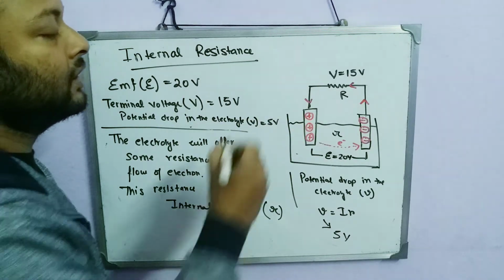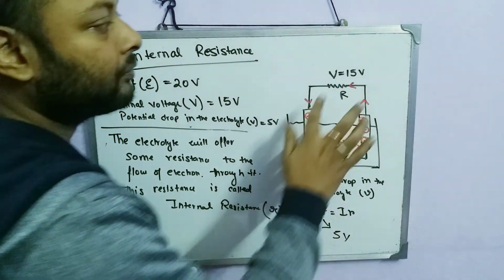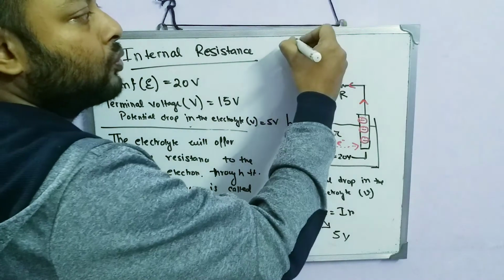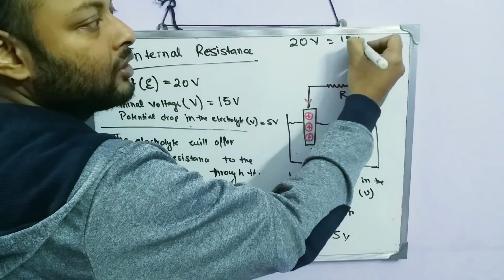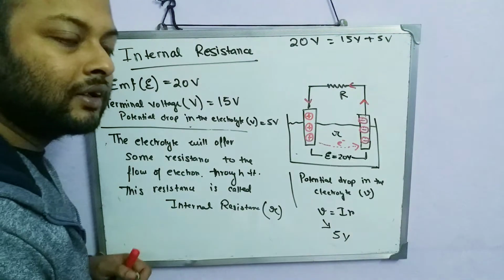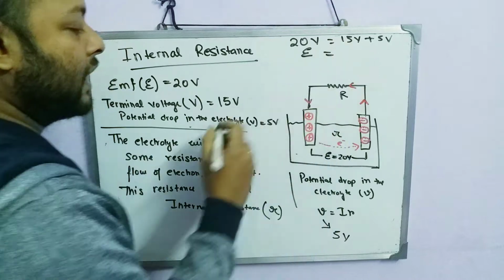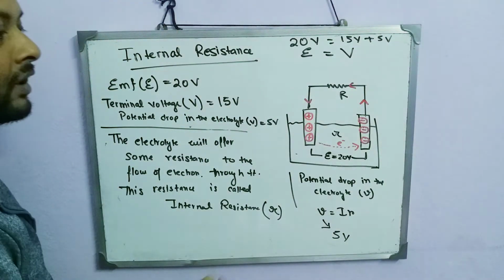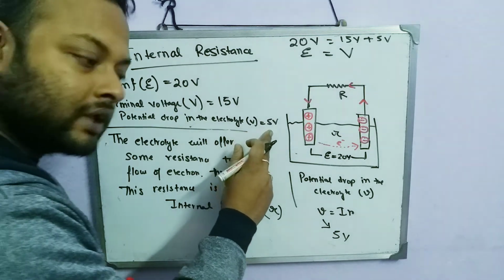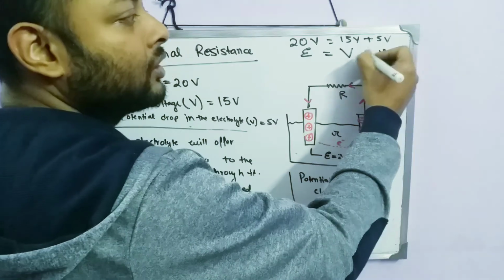Now if I write exactly, 20 volt is equal to 15 volt plus 5 volt, right? So 20 volt was what? That is my EMF. And 15 volt is what? That is my terminal voltage. And 5 volt is what? That is the potential drop inside the electrolyte, this small v.